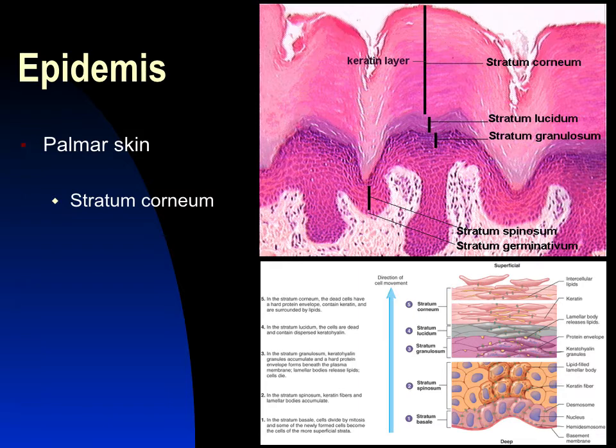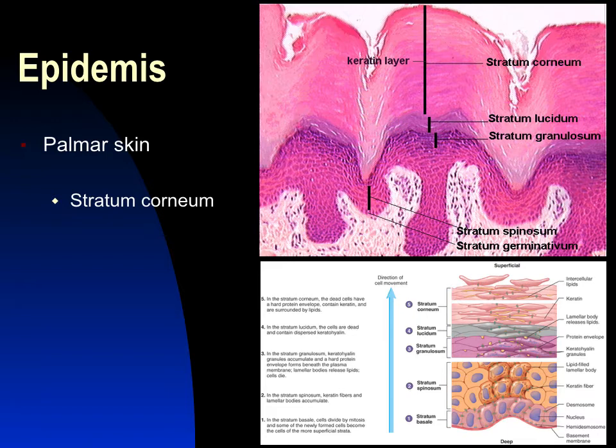Here you can see, again, that picture I showed you in the beginning, but here's the diagram showing the cell movement. In this stratum basale or stratum germinativum, these cells are undergoing mitosis. Okay, and they are producing new cells, and some of those cells are pushed towards the surface.